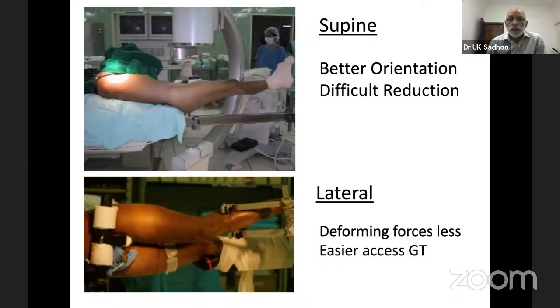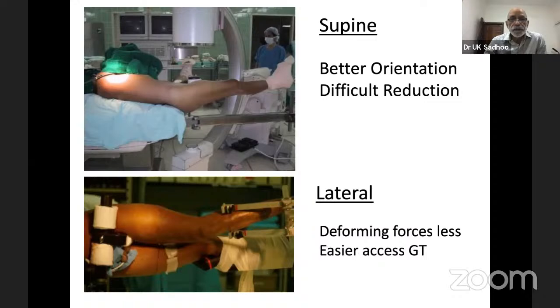The disadvantage would be to get to the lesser trochanter may not be as easy as in semi or complete lateral position. And the lateral position also reduces the so-called deforming forces, and you have much easier access to the lesser trochanter, that is the entry point. So both the positions have their own advantages and the disadvantages.